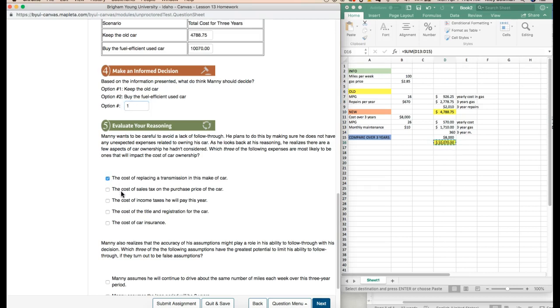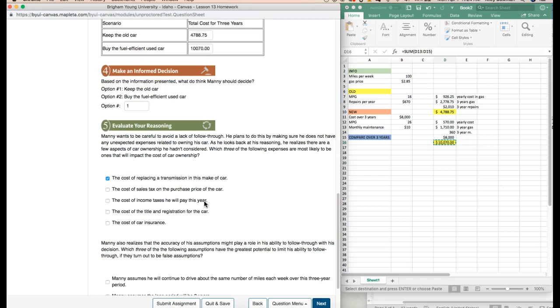The next one, the cost of sales tax on the purchase price of the car. I think that might be included in his $8,000 cost in the loan. So I'm going to hold off on doing that one quite yet. The cost of income tax he will pay this year. No, not really something that's going to affect this situation.